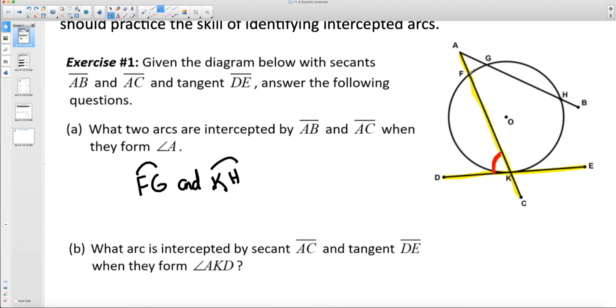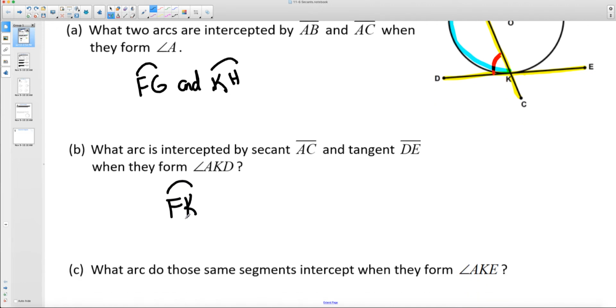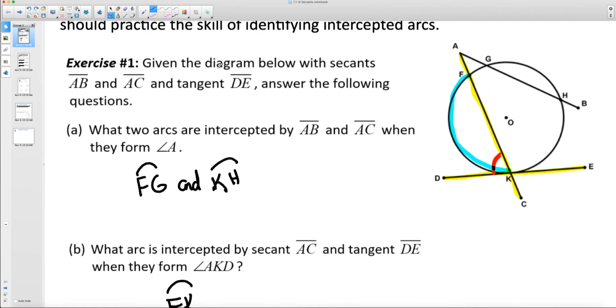Now the arc that's intercepted kind of starts at F and goes all the way around to K. So the arc that's intercepted is arc FK. Then it says, what arc do those same segments intercept when they form AKE?